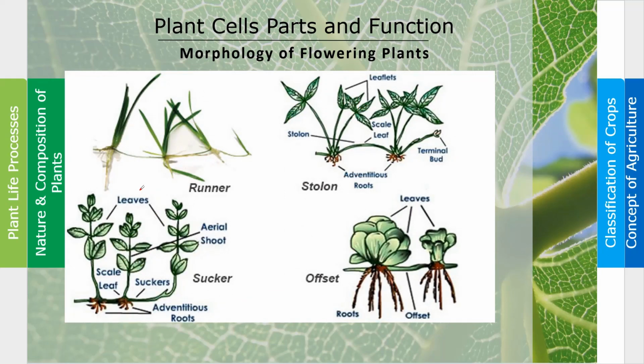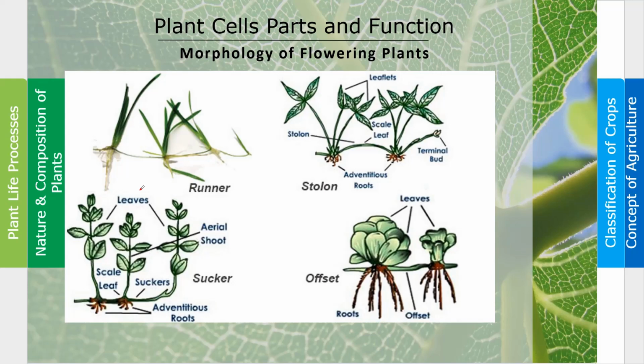Okay. Another modification, so kung kanina, we have the underground stems, underground modifications of stems. Now, we'll see yung subaerial modifications. Pag subaerial, yan yung nandun lang sila sa surface na soil. Okay?